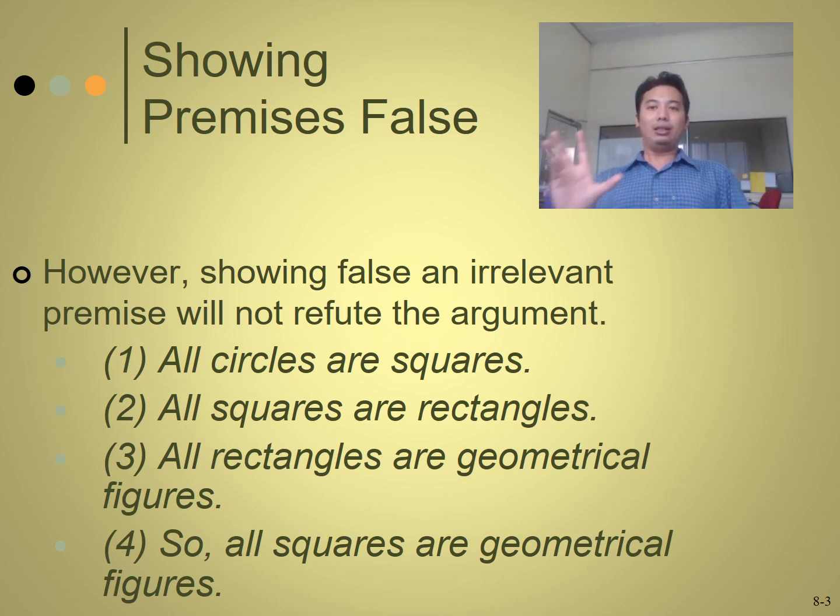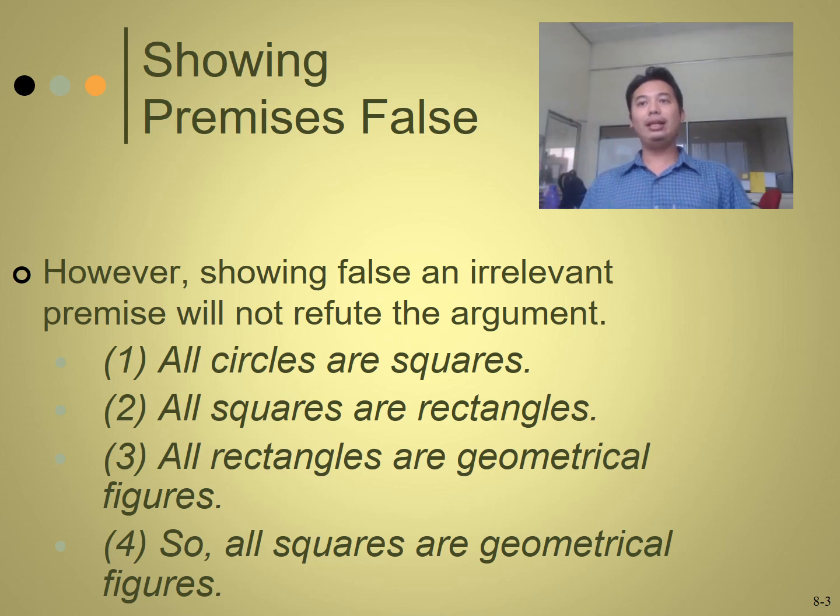Now, this proves that although number 1 is false, we can say that number 4 is still correct based on the premises of number 2 and number 3. And because of that, number 1 is not what we call a critical premise. A critical premise would be a premise which, if you look at the reasonings of what is being given, is interrelated to each other.